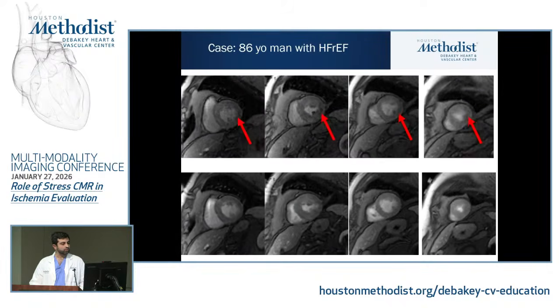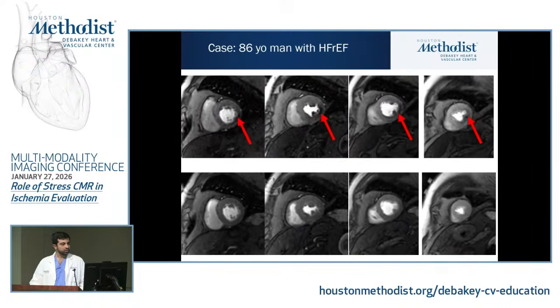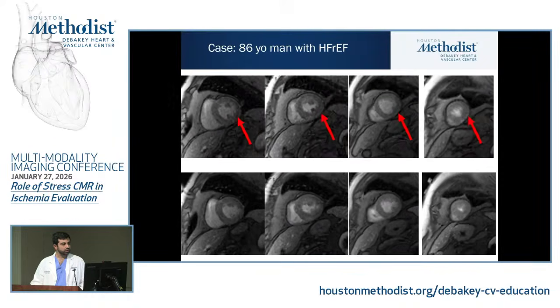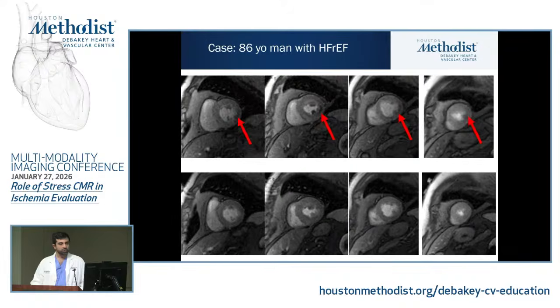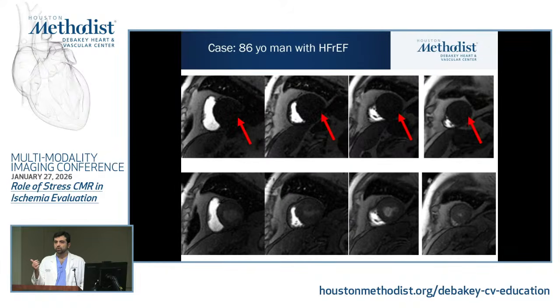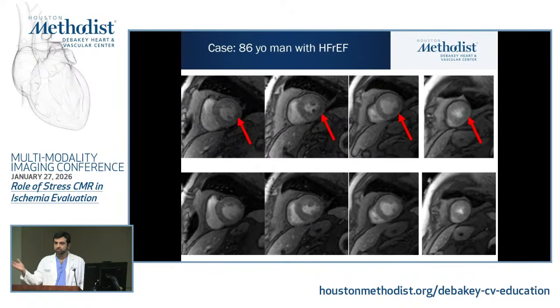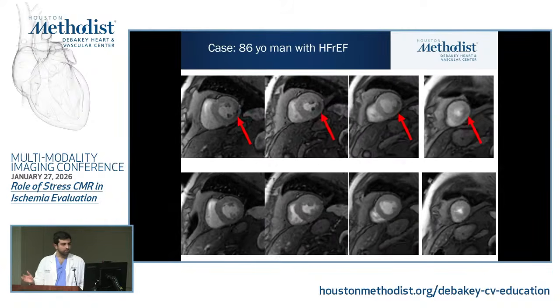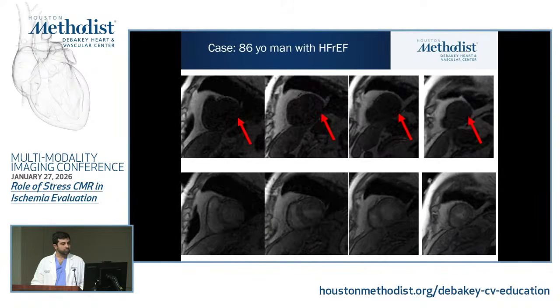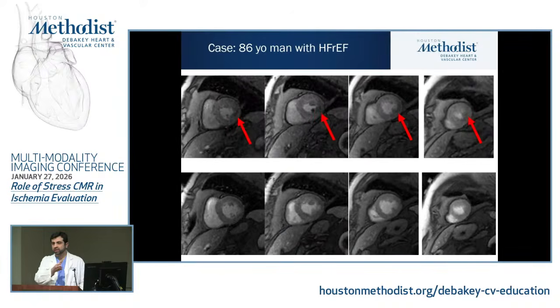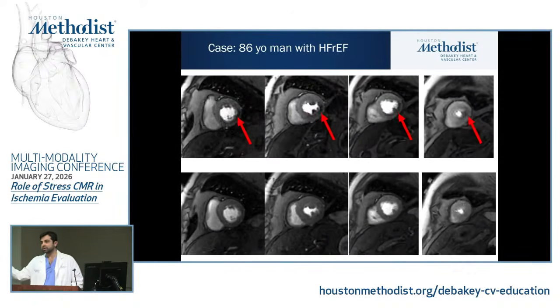One thing to look for when you're grading and identifying these perfusion defects, you want it to actually correspond to a coronary territory. You want it to extend through the series of images for multiple heartbeats. And just like with normal CAD, it should have a subendocardial to epicardial gradient.